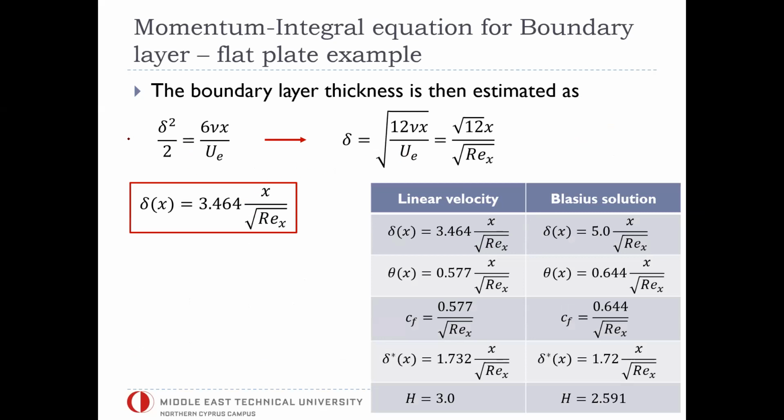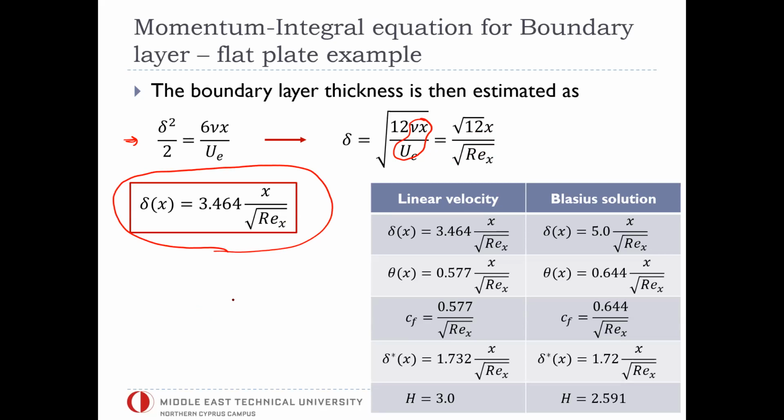We have an integrated equation, delta squared over 2 is equal to this, and we take delta out: square root of 12 nu x over Ue, and we reorganize. We have basically a Reynolds number definition here: square root of 12 x divided by square root of Reynolds x, and then we get this relation. Very interesting relation.